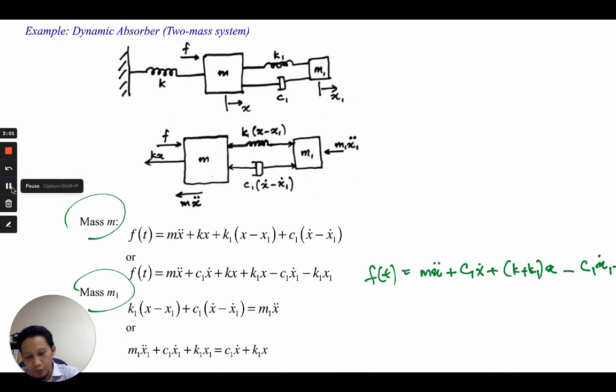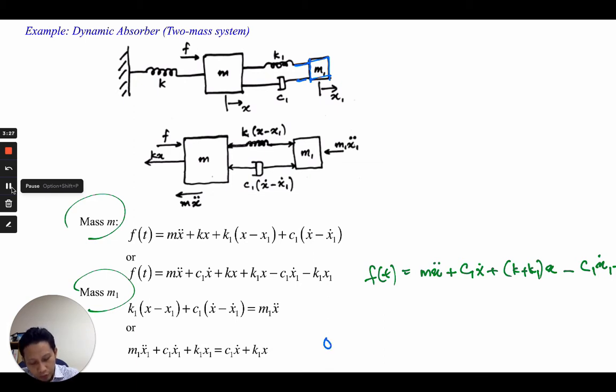For mass M1, let's look at what components are connected to mass M1. Now we have only two components, which are K1 and C1. So there is no force applied on M1.